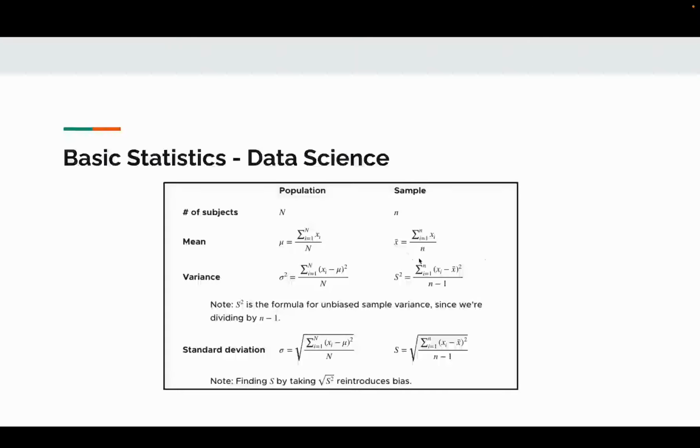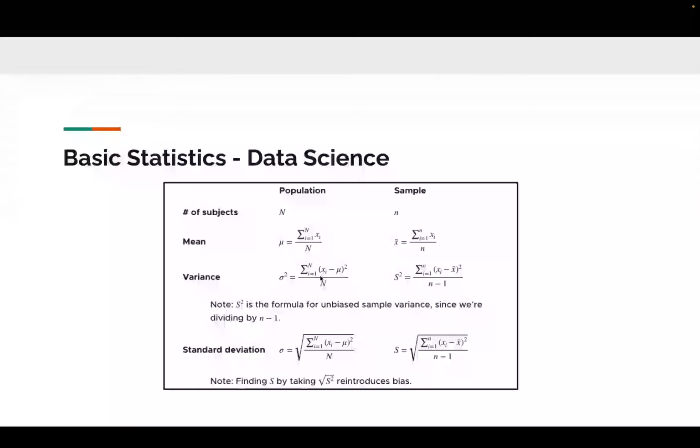Let's now talk about some notational conventions, because in the coming days we'll use some notation. When you are talking about the population mean, it is represented by the Greek letter mu. You have n data points, you sum them up and divide by n. For the sample mean, you represent it with x with a bar on top.